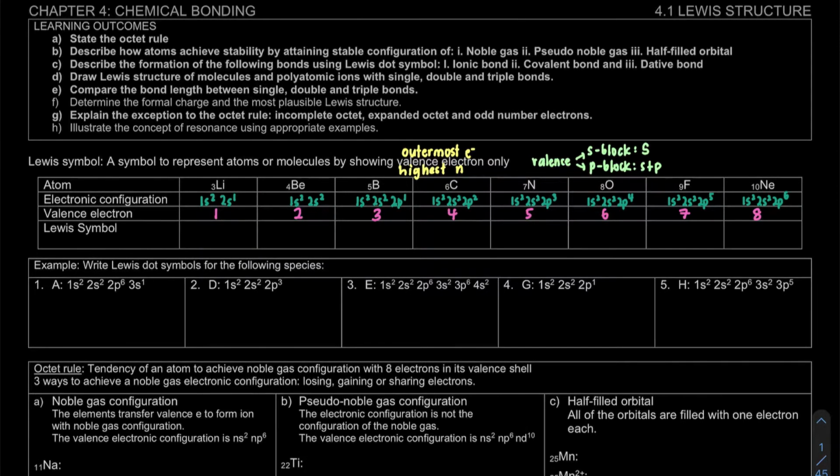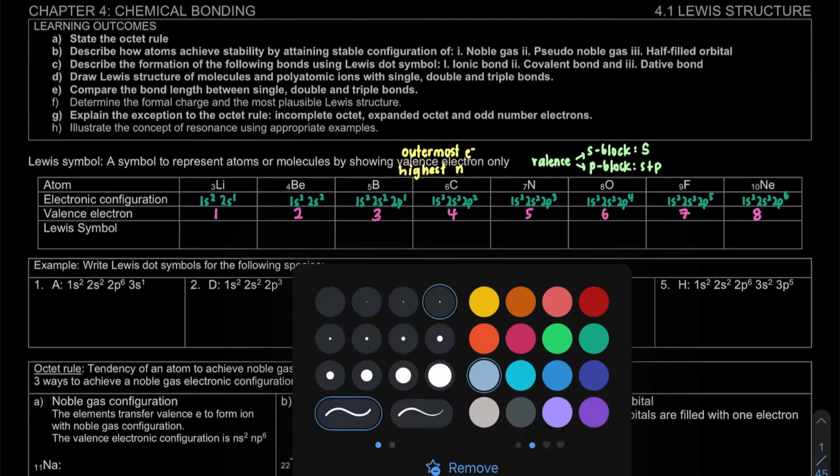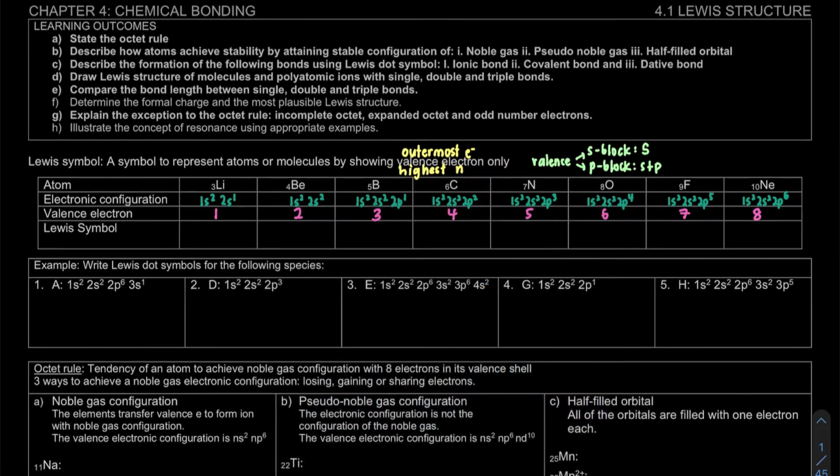That is the valence electron. It is very important to know the valence electron, because only then can we draw our Lewis symbol, since it is a symbol to represent atoms or molecules by showing the valence electron only. So how do we draw it? First, we draw the symbol of the atom itself. For example, lithium's symbol is Li, and it has only 1 valence electron.